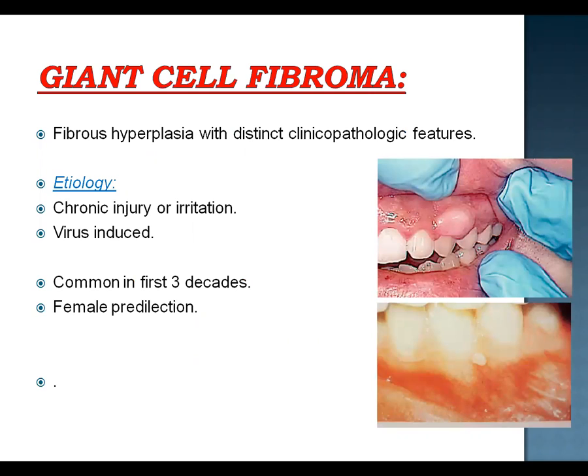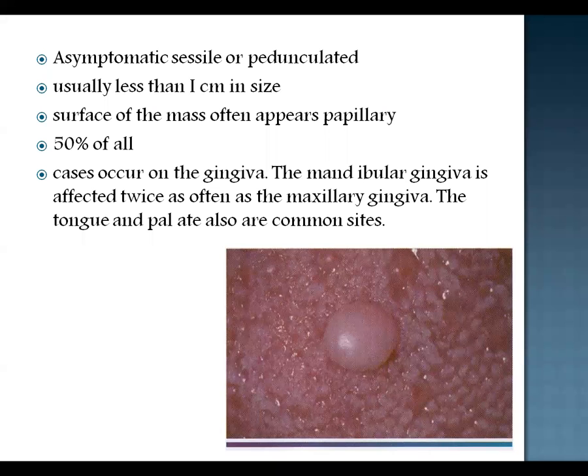Next lesion is the giant cell fibroma. It is a fibrous hyperplasia with distinct clinicopathological features. Etiology: chronic injury or irritation, possibly virus-induced, common in the first 3 decades of life, with female predilection. It is again asymptomatic, sessile or pedunculated, usually less than 1 centimeter in size.